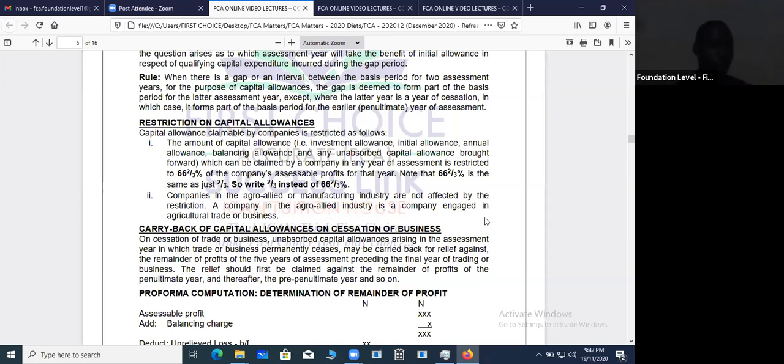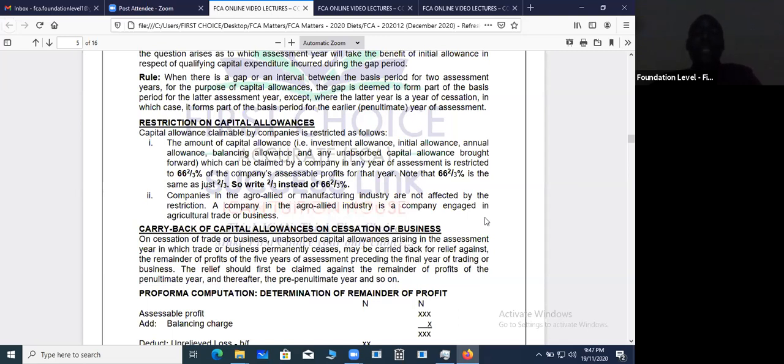So 1/3 is 4 million, 2/3 is 8 million. So that means if you have a 10 million naira capital allowance, even though the whole 10 million can be cleared by the 12 million profit, the law says you can only clear 8 million at the time, so that the remaining 2 million, we can charge tax on it. So we simply say 2/3 of accessible profit is allowable for capital allowance.